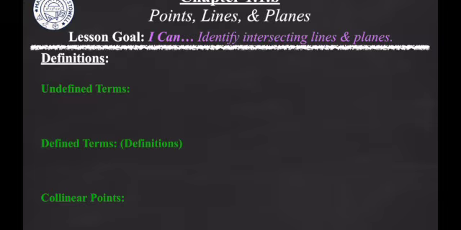Undefined terms, remember, these are basic concepts in geometry. Remember these were the points, lines, and planes. These are just some examples of undefined terms. They are undefined because we don't formally have a definition for them.